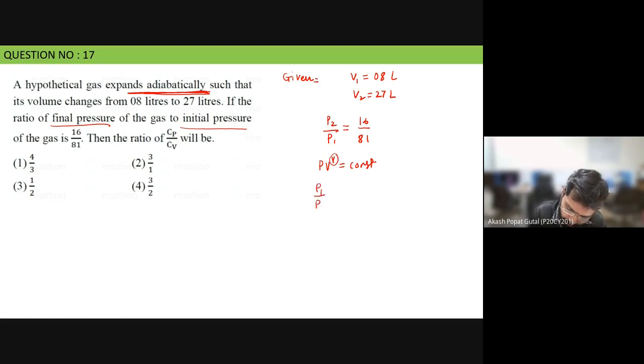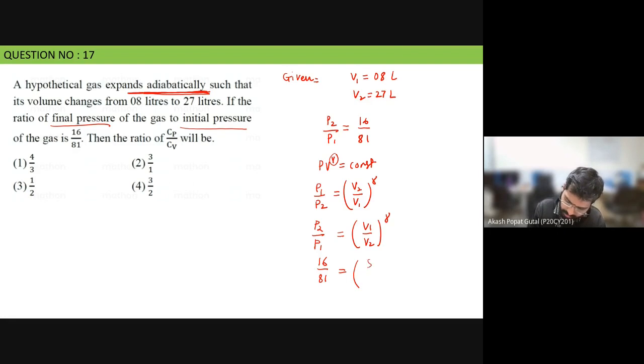P1 by P2 is equal to V2 by V1 raised to gamma, and since P2 by P1 is given, we do the same with V1 by V2 raised to gamma. P2 by P1 is given as 16 by 81. V1 by V2 is 8 by 27, raised to gamma. I will write it here.